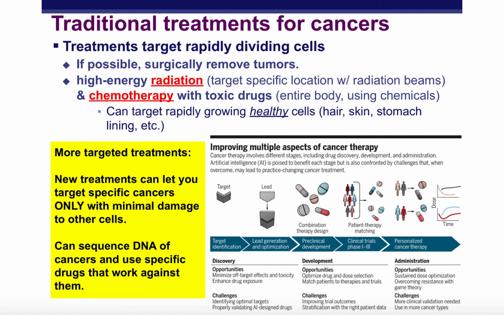And nowadays, with modern drugs and medication and tools, we actually have the ability to provide much more targeted and much more specific treatments to ensure that we primarily damage the cancer cells rather than other cells that aren't cancerous.